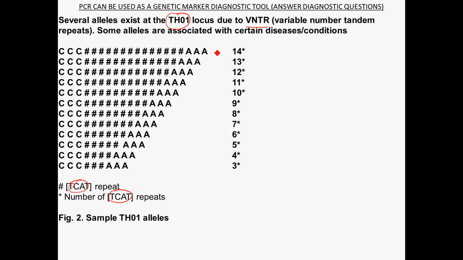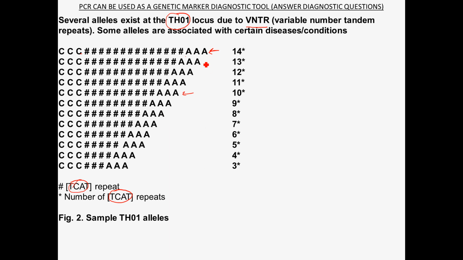If you amplified this specific sequence using PCR, and you had this allele sequence, you're going to get fragments that are longer. If you had this allele sequence, you get fragments that are a little bit shorter, that are 10 long, etc. And if you electrophorese these out on a gel, you'd get 14 different fragments.